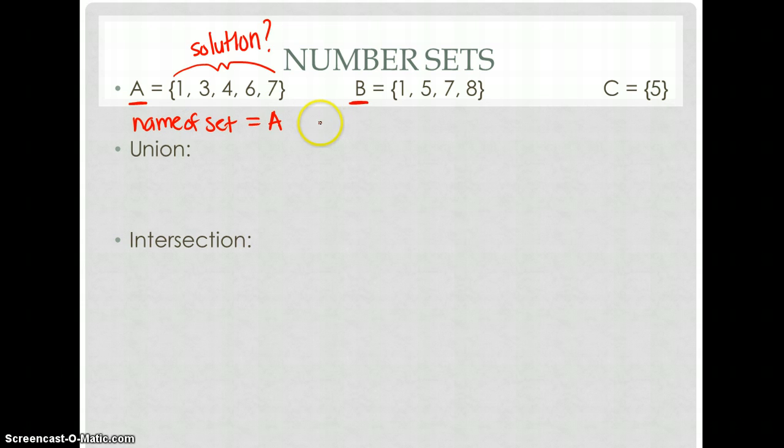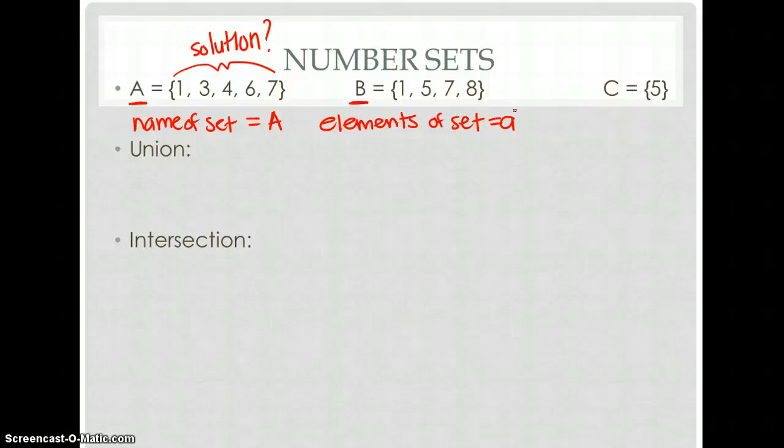And then what we call elements of the set will generally be a lowercase letter. So we might use capital A to describe the set as a whole, but if I said 3 and 4 as elements, we would use a lowercase letter.